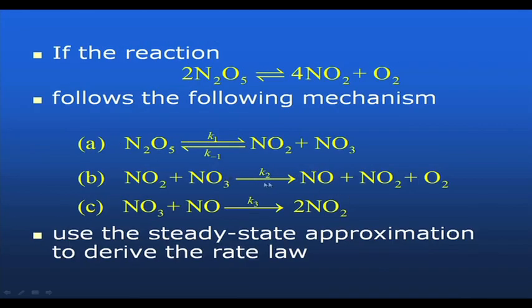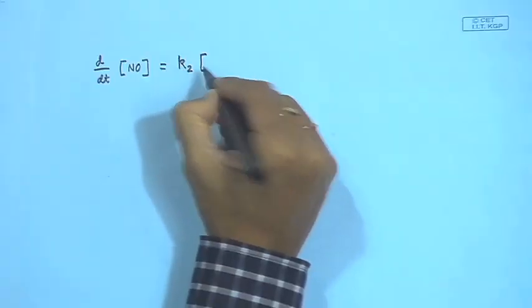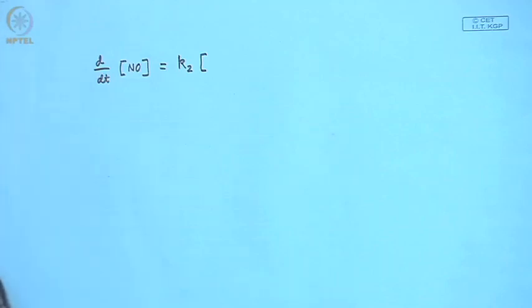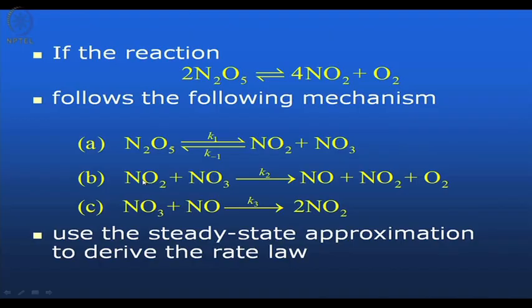Here NO is produced, and here NO is used up. NO is produced in the rate of formation of O2 and NO2, so K2 into, it is an elementary step, so you can directly write the concentration terms into your rate equation.